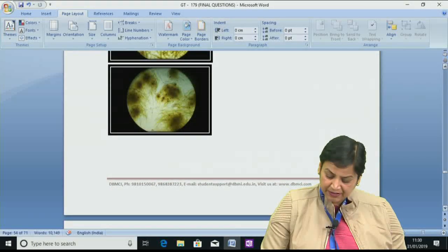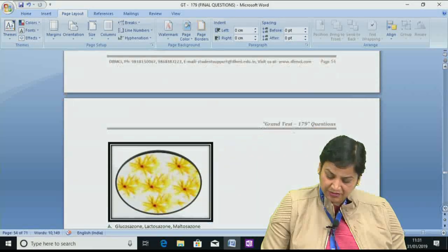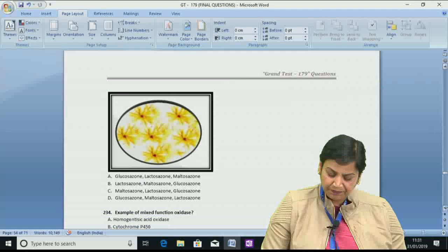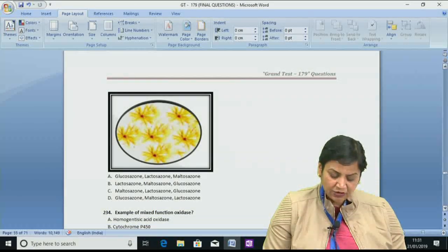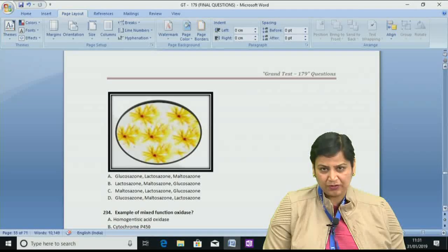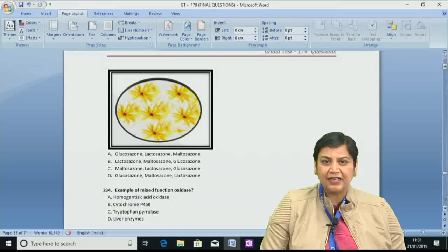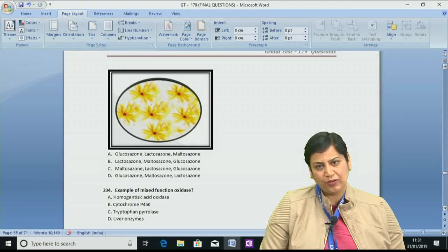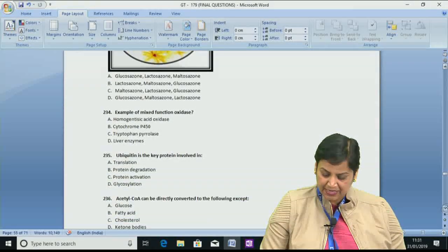It is of lactose. And third resembles sunflower, so it is maltose. So the answer would be glucosazone, lactosazone and maltosazone. Sucrose cannot form osazones as it is a non-reducing sugar. Rest of the reducing sugars form that.